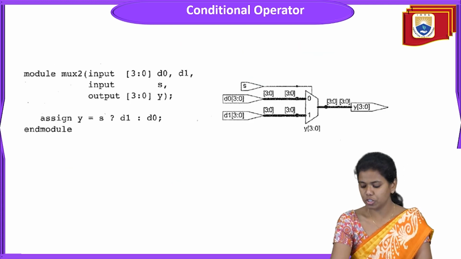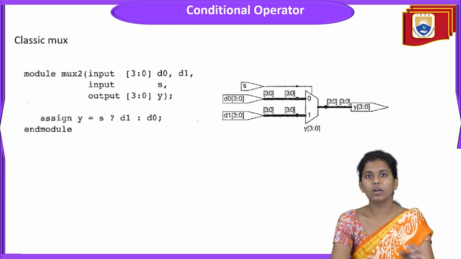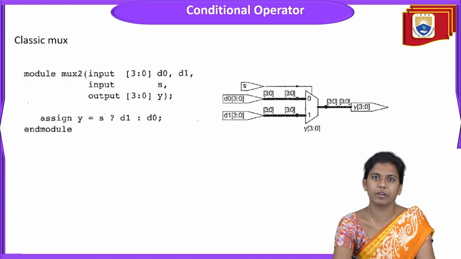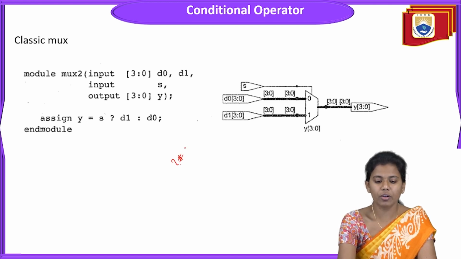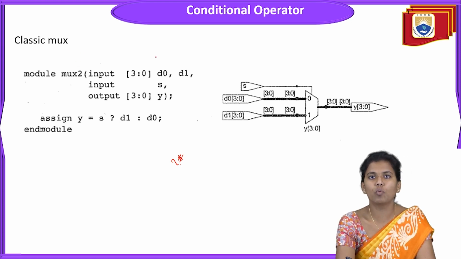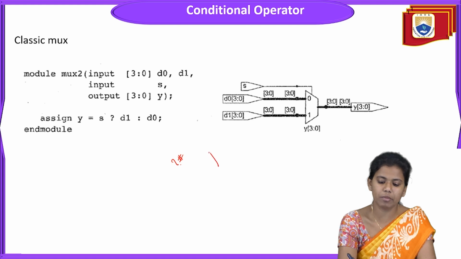And coming to the conditional operator. So what is this conditional operator? As I said in the previous slide, the conditional operator would be question mark, or else it could be hash, isn't it? So here this is our example of a multiplexer. Okay, we all know what a multiplexer is. A multiplexer is nothing but many to 1, isn't it?